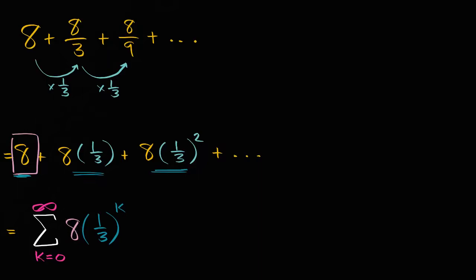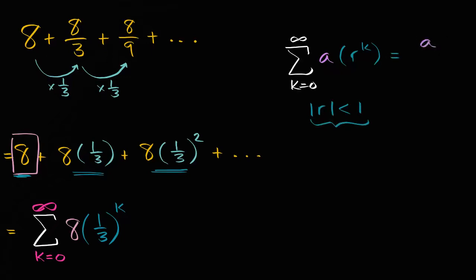Well, we've seen before, and we proved it in other videos, if you have a sum from k equals 0 to infinity of your first term a times r to the k power, assuming this converges, so assuming that the absolute value of your common ratio is less than 1, which needs to be true for convergence, this is going to be equal to our first term, a, over 1 minus our common ratio.